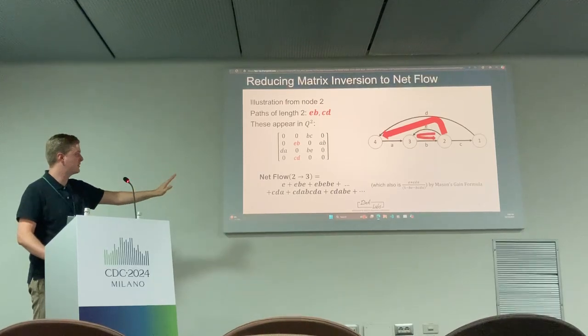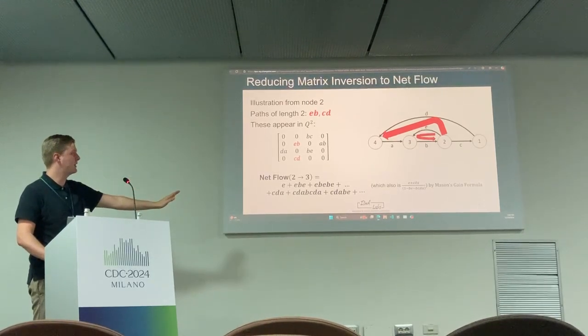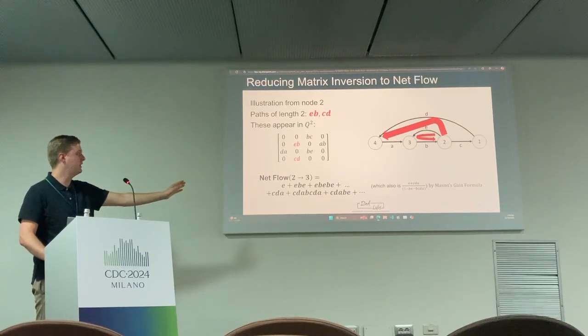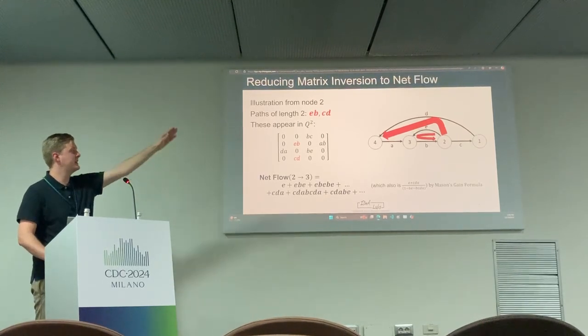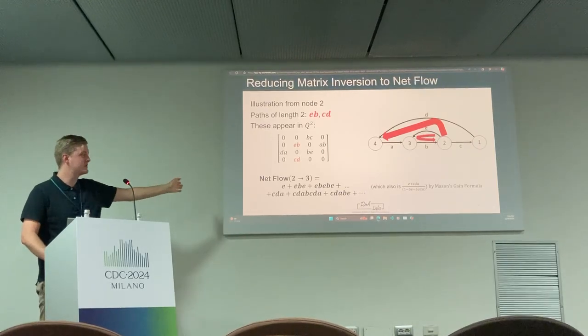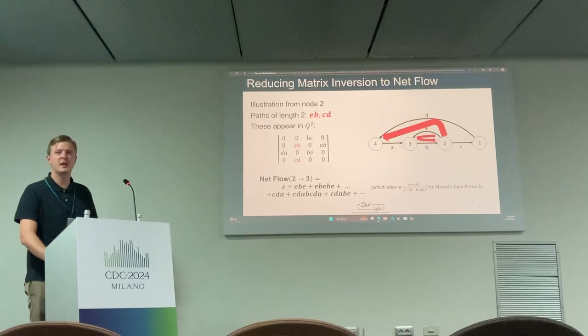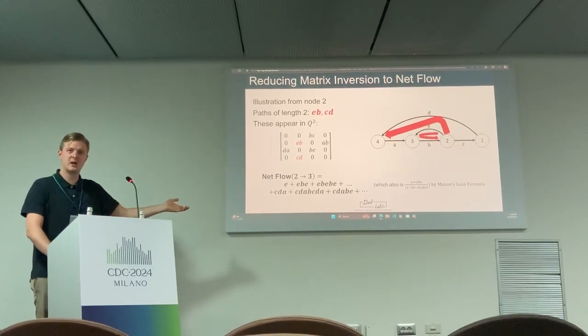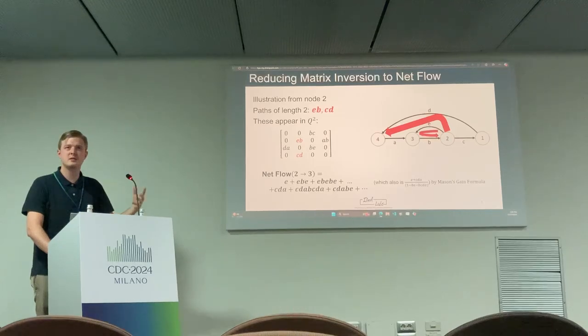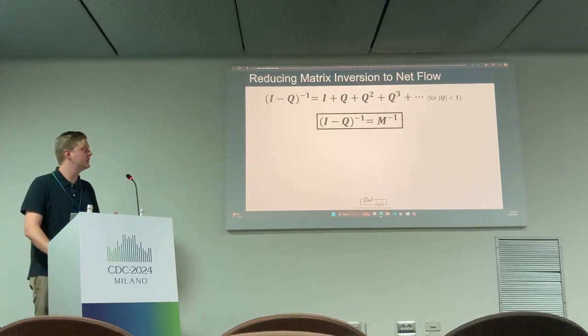For example, from 2 to 3, we have an edge with weight E, and then we have the cycle going back from E, B, E, but we could have also gone around C, D, A to get to 3, and then we can go around any number of times. We sum all of them, and we get an answer equivalent to Mason's gain formula, but you'll notice that there's a determinant in that denominator, which for large matrices, we don't want to compute.